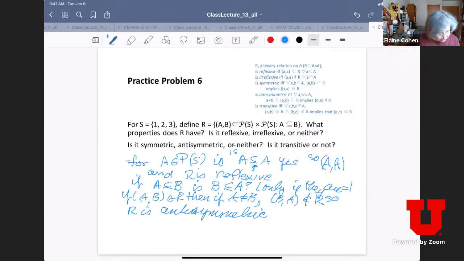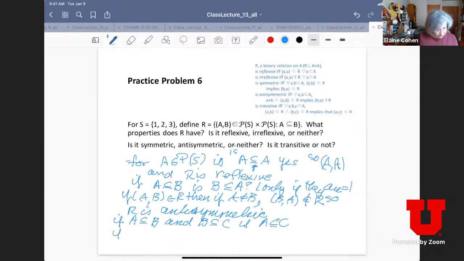Okay, transitive. If A is a subset of B and B is a subset of C, is A a subset of C? That's asking, is it transitive?